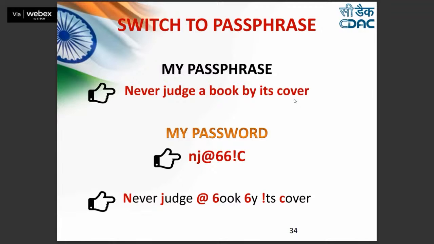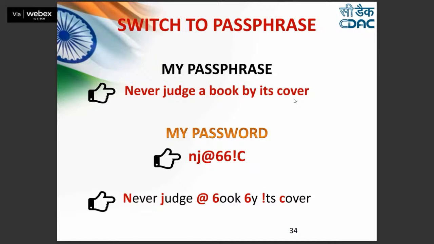So now I will create a strong password from this sentence. I will take small n from never, small j from judge, and the @ symbol from a, because it looks similar to a and it will be easy to remember that instead of a I have used the @ symbol.